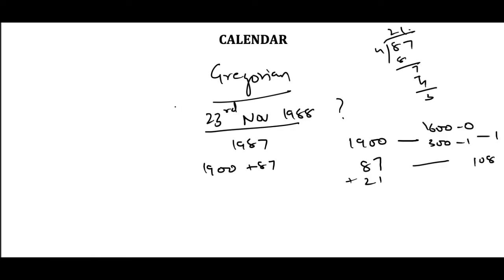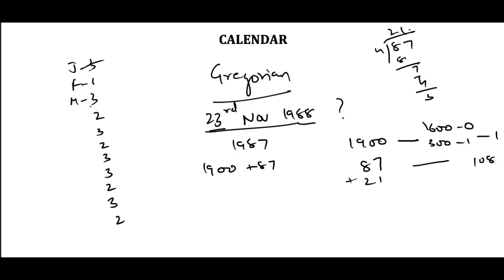Coming to the third step, we'll go from 1st of January to 23rd November. So we have January 3, we have February, as it is a leap year, it will be 1. We have March, April, May, June, July, August, September, October, and for November we have 23. 7 3s are 21. We have 2.